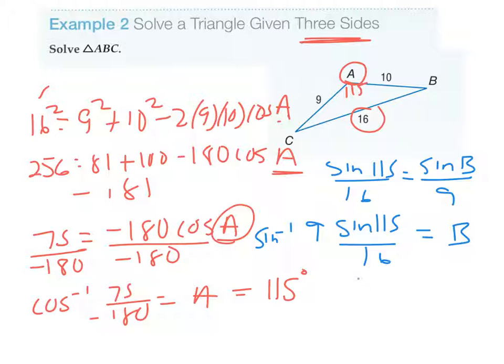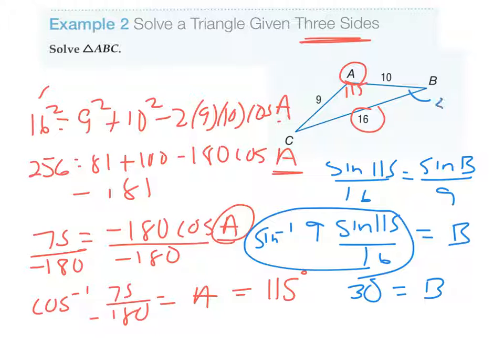So by doing all the math of this problem, I get 30 as my B. And so once I know this is 30, and I add that to 115, I get my final C being 35. So I found all three sides, all three angles.